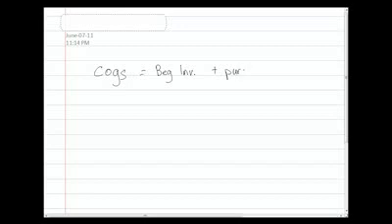Another way we could calculate cost of goods sold is using a formula which is normally used by companies who adopt a periodic inventory system. This formula says cost of goods sold is equal to your beginning inventory plus your purchases minus your ending inventory.